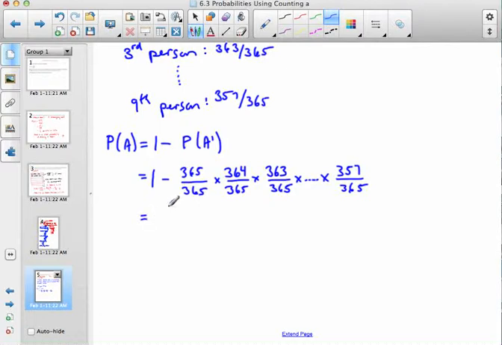Well, I know that 365 times 364 times 363, 362, 361, 360, 359, 358, and 357, that's a familiar thing to me. And if I remember correctly, this is why algebra is so handy with stuff like this. I remember that as being 365 permute 9.